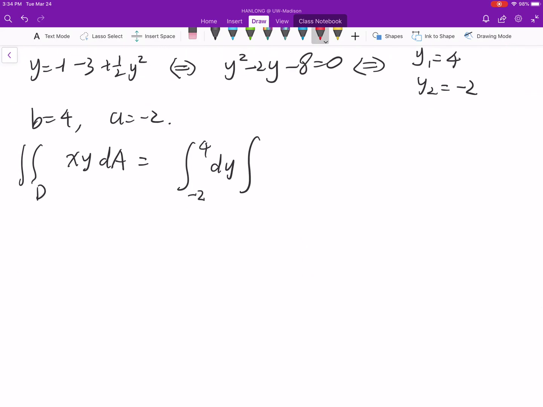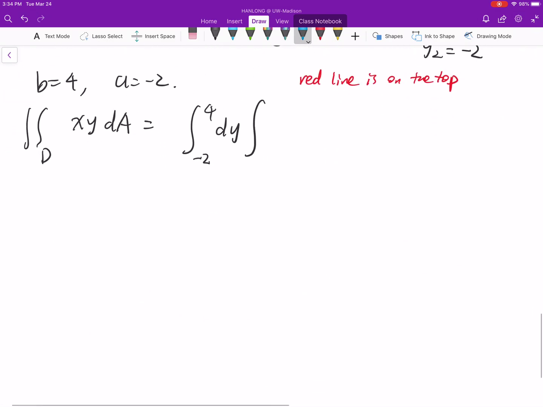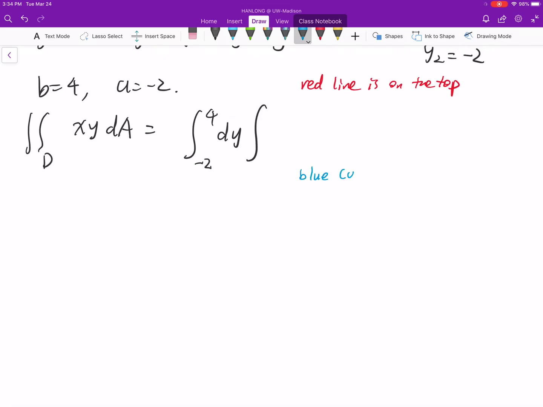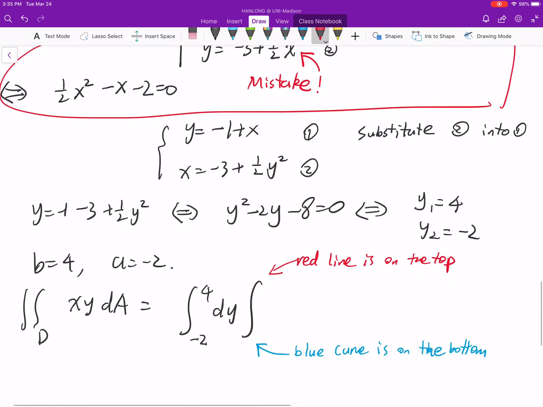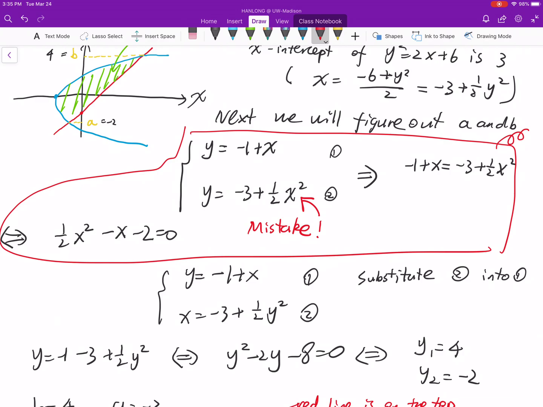So on the top you have the red line, and at the bottom you have the blue curve. Okay, notice that here you should write down a function of y because you are integrating x. So you should have the formula, not this one.